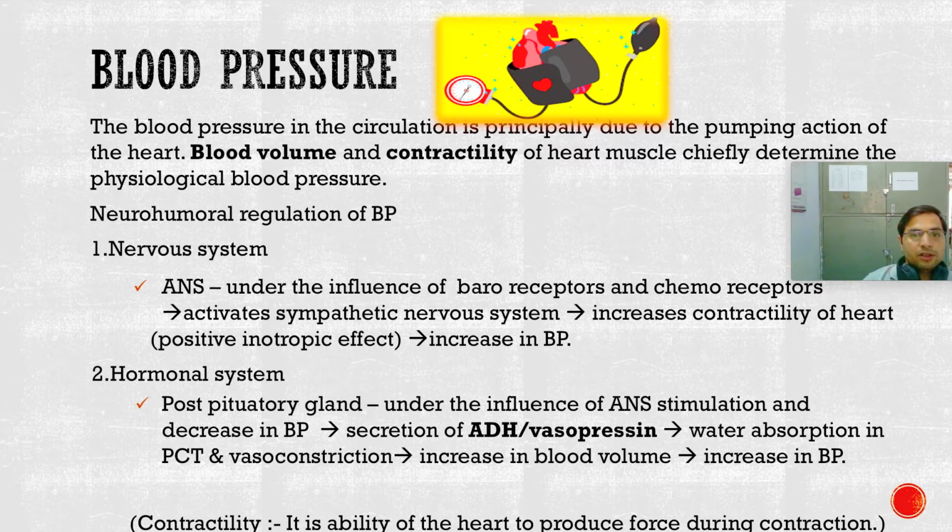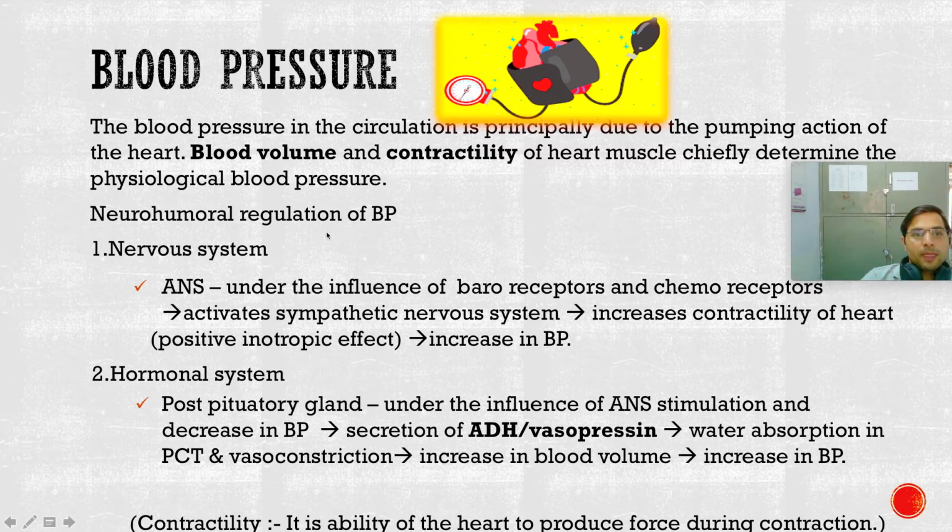Contractility means the contracting power of the heart muscle, the force of contraction. Blood volume is in liters or milliliters. So these two factors determine the blood pressure.